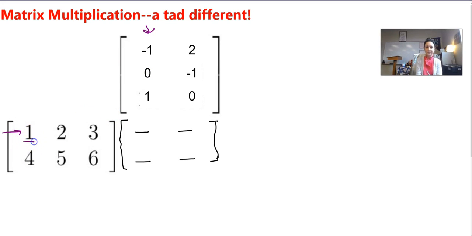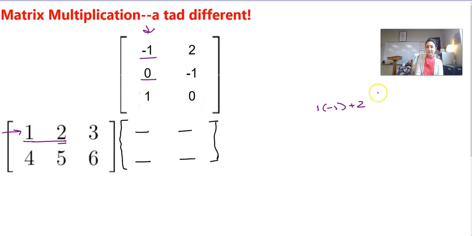So start here and here. I'm taking 1 times negative 1. Let's write this to the side. Then you work your way in, and you use addition in between. Now I'm at 2, going down, I'm at 0.